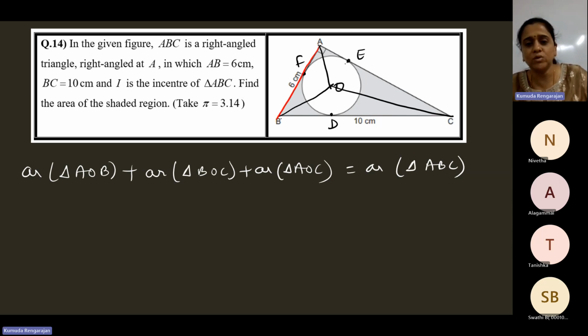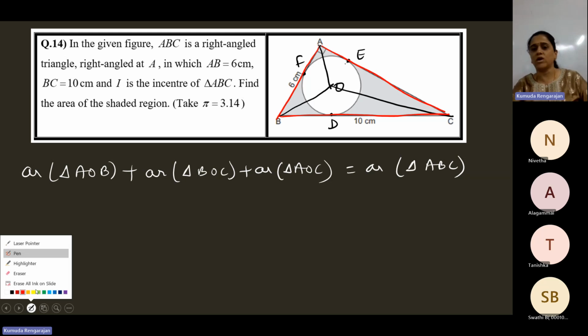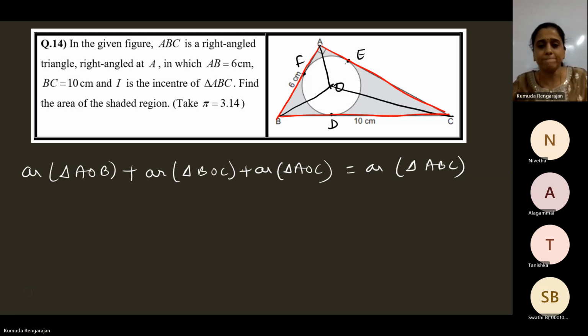For triangle BOC, BC is the base. And for triangle AOC, AC is the base. Now we want the respective altitudes. That's why we join O to D, O to E, and O to F. All this is 90 degrees because radius is perpendicular to tangent. This way we've got the altitudes, and the altitudes are R.